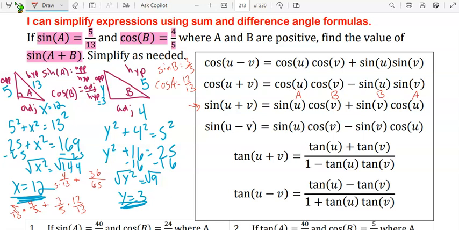Let's multiply each of these by 5. So we have 20 plus 36 over 65, which is 56 over 65. And that is sine of A plus B.